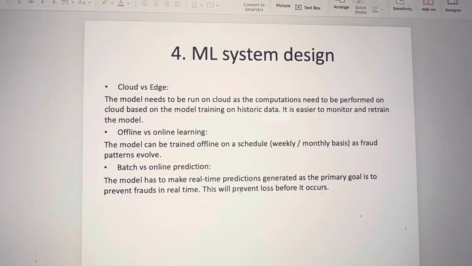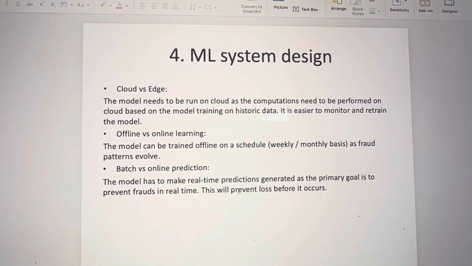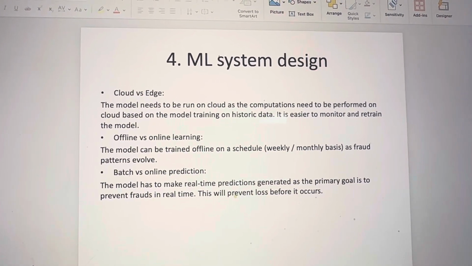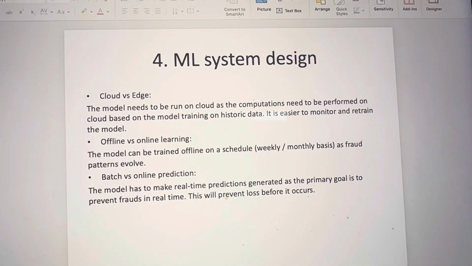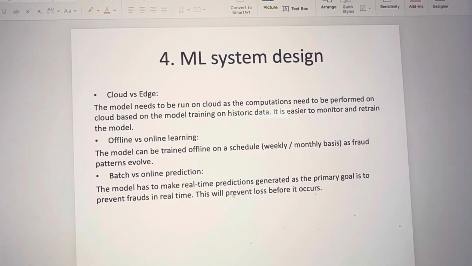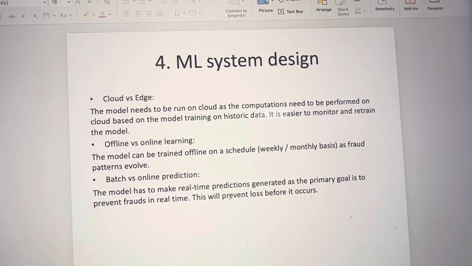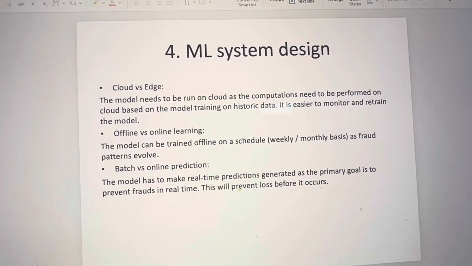And for online versus offline learning, the model can be trained offline on a schedule, like a weekly or monthly basis, as fraud patterns keep evolving, because online learning will be really expensive for the organization from the computation perspective. So we can opt for offline learning on a schedule basis.